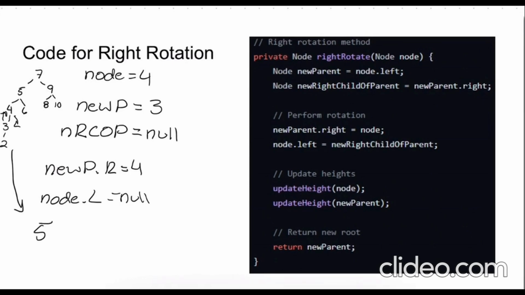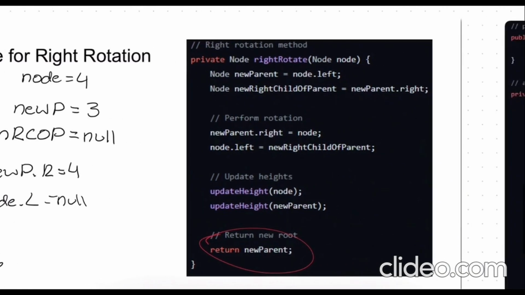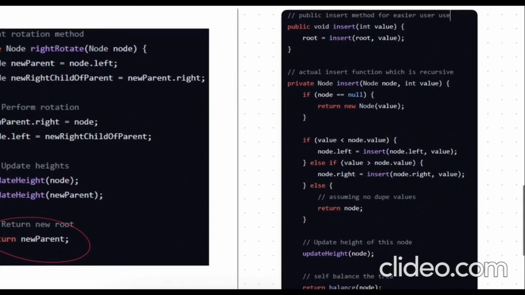And so I'm just going to draw the subtree of 5. And then it's going to return the new parent and its subtree. So it's returning 3. And something I think was good to look at is that in insert, the new parent is assigned the appropriate child reference of its parent node, right?